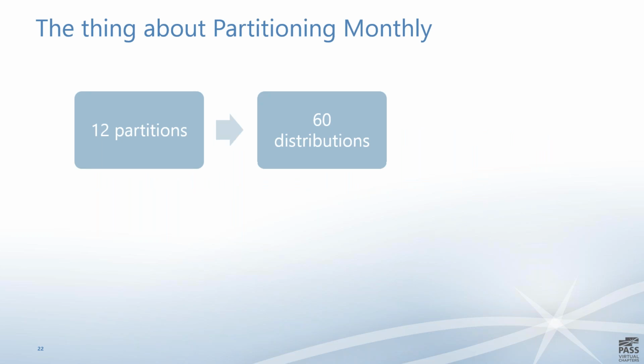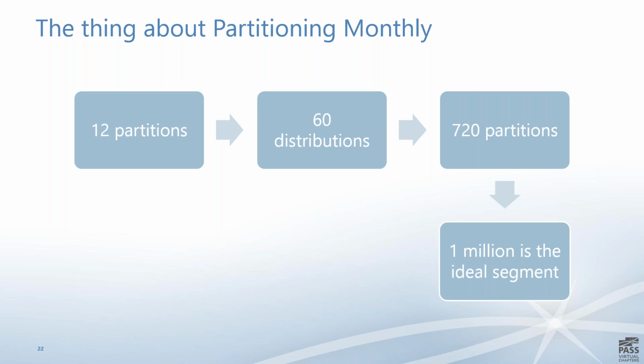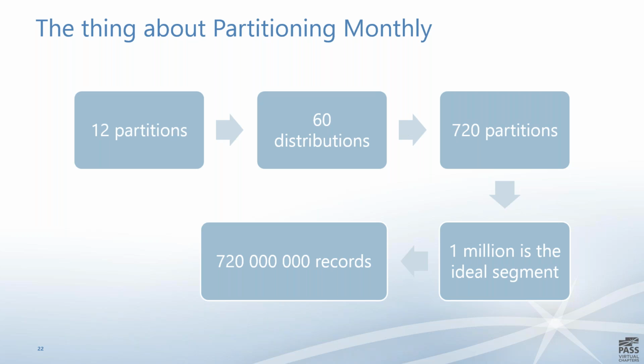If we have monthly partitions, then we have 12 partitions and 60 distributions, which puts it at 720 partitions total. Considering that 1 million is the optimal, it's not 21 billion records, now it's down to 720 million records. That's still a big number, but it looks more like something that could be a fact table in a data warehouse, and not as large as 21 billion.